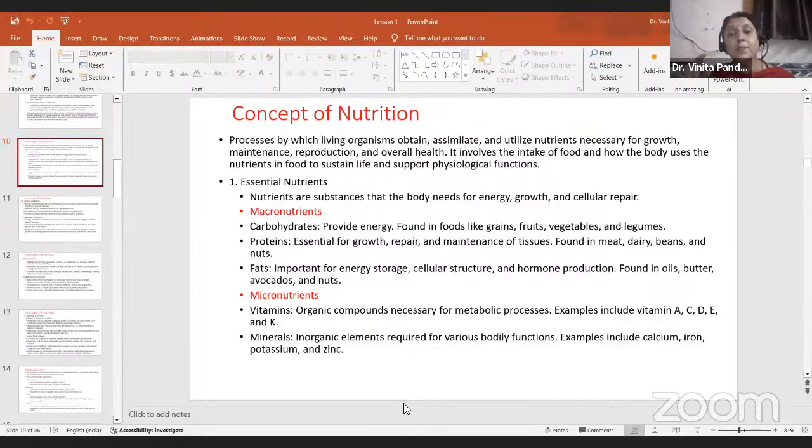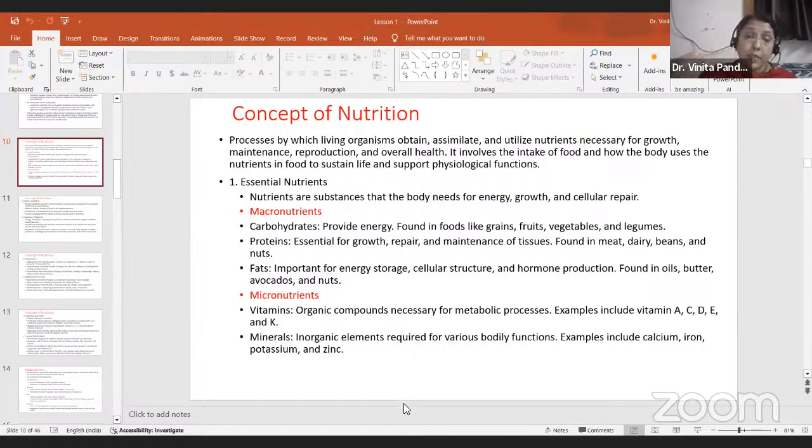So carbohydrates provide energy. Proteins are essential for the growth, repair, and maintenance of the tissues in the body. Just now I was mentioning cellular repair, or if the tissues have been damaged, in all such scenarios, proteins can play a very, very important role.